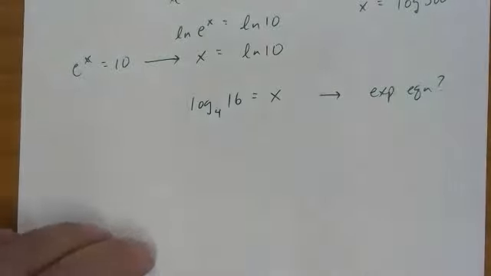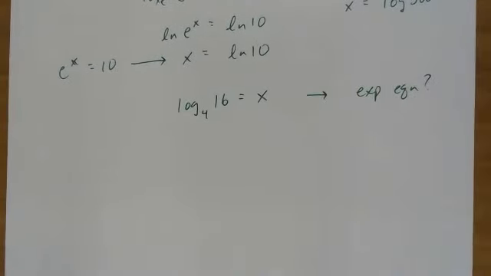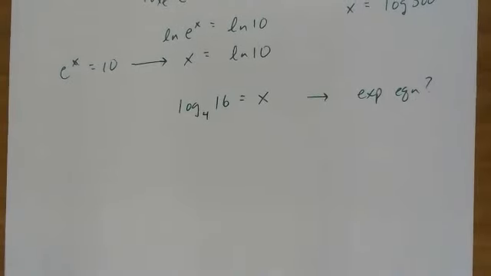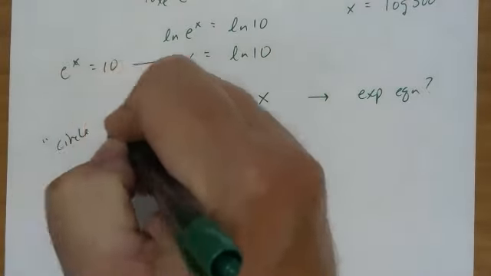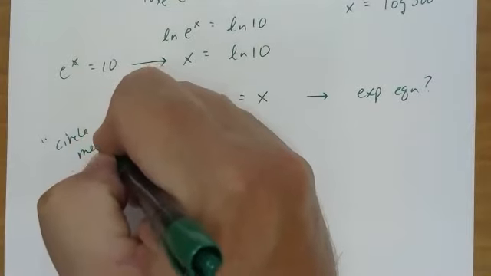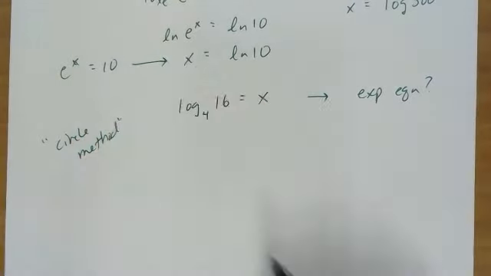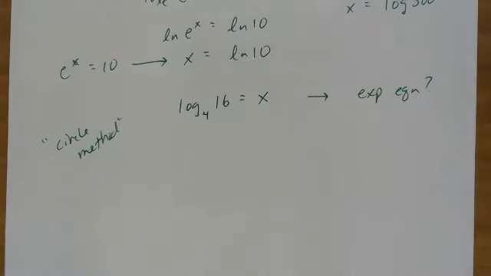In other words, logs should be gone. Now here's the method I use for this. I discovered this a few years ago, and I just think it's a really easy way to do this conversion. I call it the circle method because there's a process you go through. It's almost like you make a circle.